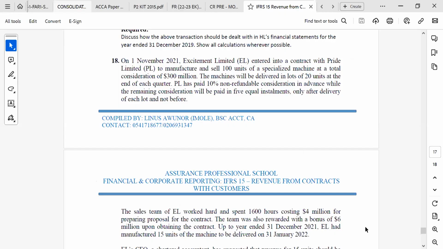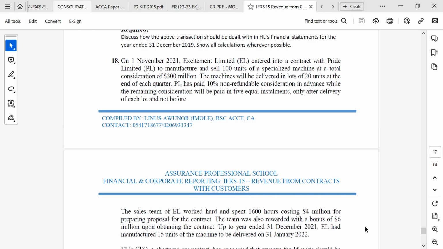They haven't given us the cost. We recognize revenue when control and all these things are passed, but here they've not done that. So why are we recognizing at a point over time?